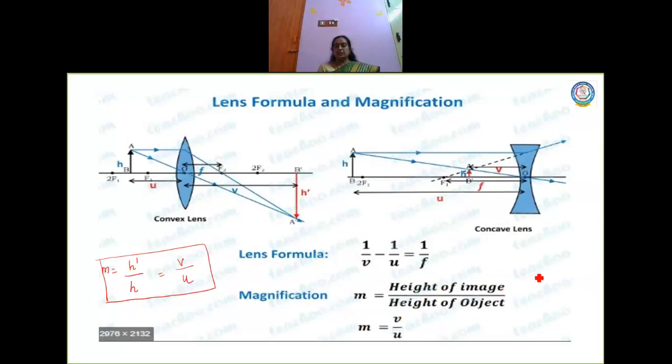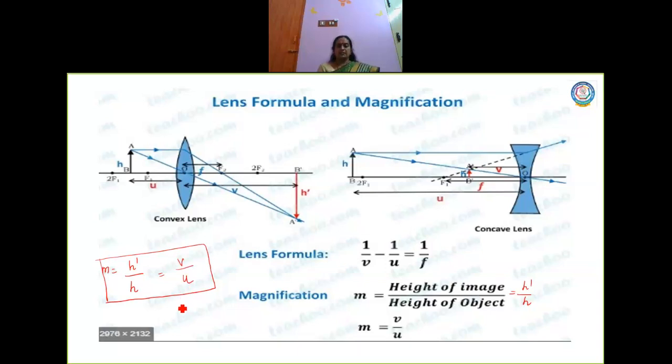Height of the image and height of the object is represented as h dash by h, or hi by ho, which is also correct. So you have two formulas for magnification. One is the ratio of the height of the image by the height of the object, or it is also the ratio of the image distance and the object distance.